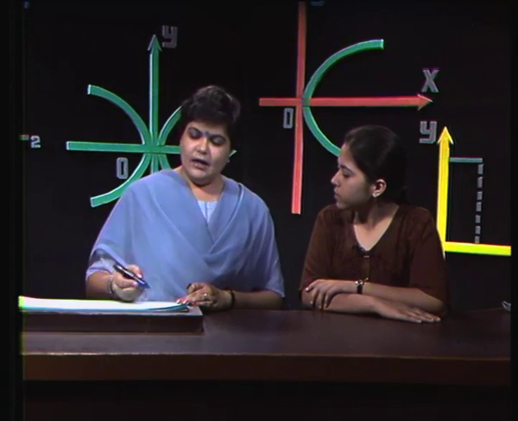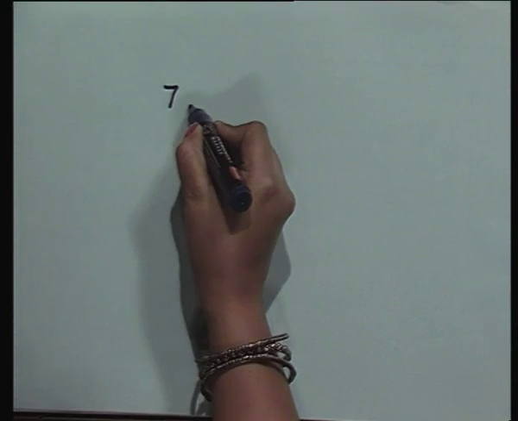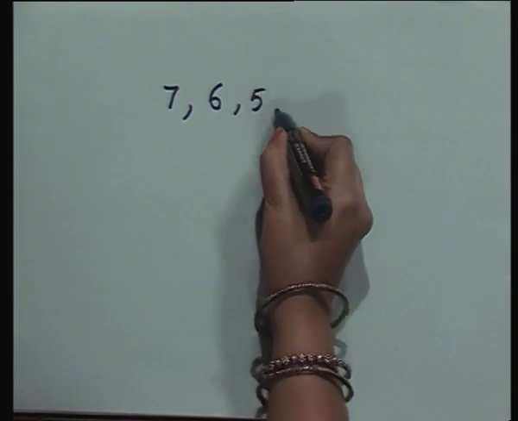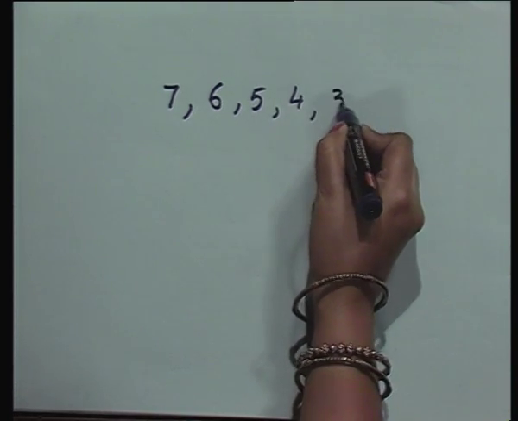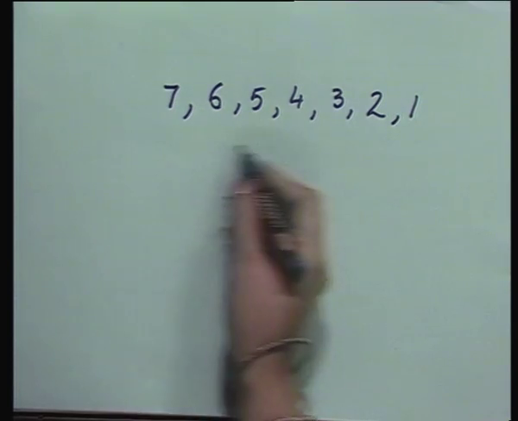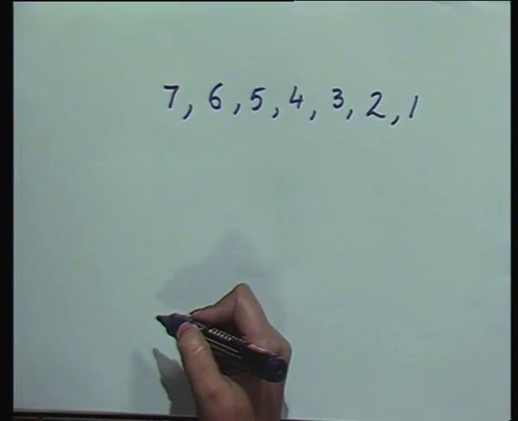Well, that's one way. But now since we've been discussing arithmetic progressions and of course geometric progressions, I think we will be able to be a little wiser in understanding that this pyramid, which had 7 blocks to start with, has number of blocks as 7 and then in the next row 6, 5, 4, 3, 2 and 1, which is nothing but an arithmetic progression.